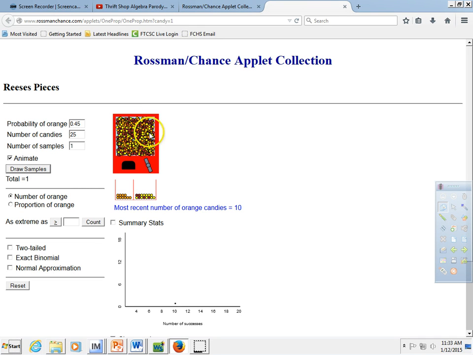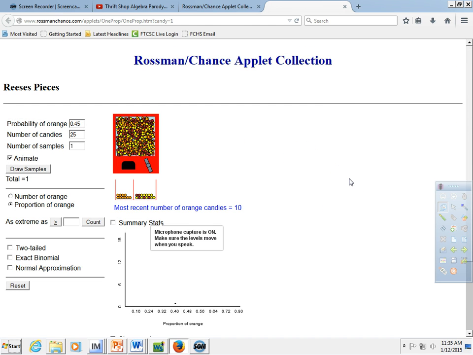From our population, which is the candy machine, we created one sample of 25 candies and split them up into orange and not orange. This is our distribution of sample data right here. Once we calculated the proportion, there were 10 candies out of 25, so that's 40%. The dot plot is actually looking at number of successes, so let's change that over to proportion of orange candies.